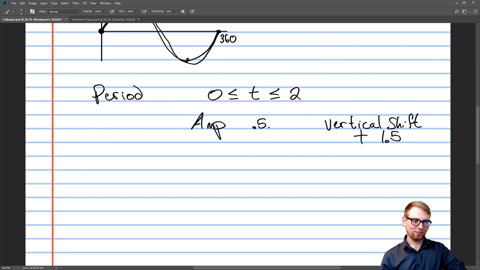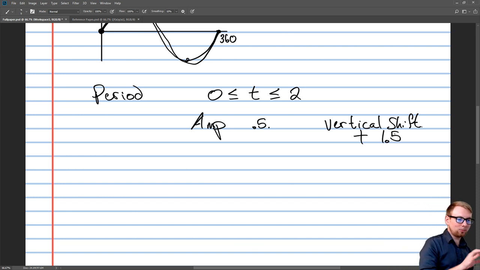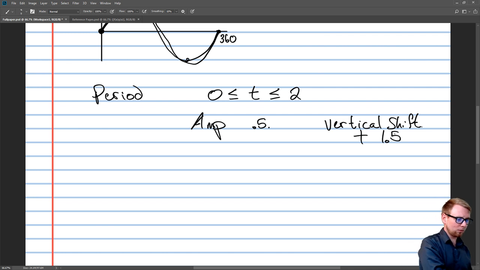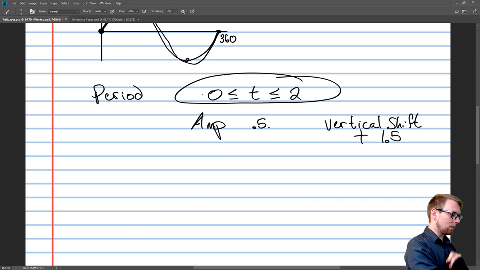Okay. Now, we actually have to write the period properly before we can put it into a regular function. Okay? So, the period we need is between 0 and 2, right?